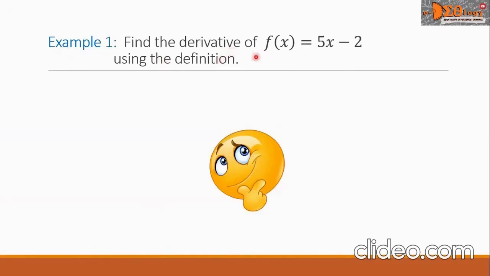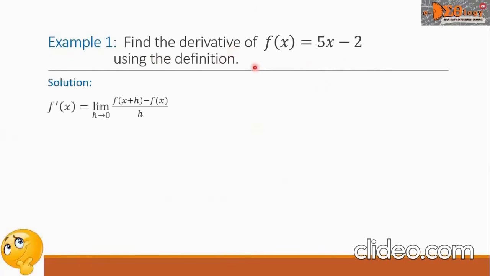Find the derivative of f of x equals 5x minus 2 using the definition. Let us write our formula for the derivative here. For step 1, let us evaluate f of x plus h.